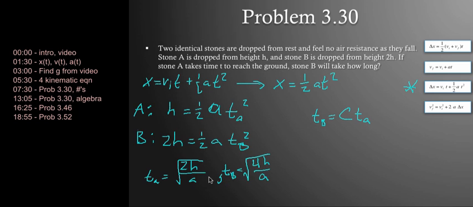So what we want to know is this t_B in terms of this. So what we're actually doing is solving for the c, and the c is this t_B over t_A. So let's divide these two. So t_B over t_A is going to be the square root of 4h over a, all over the square root of 2h over a. And this simplifies down a great bit.